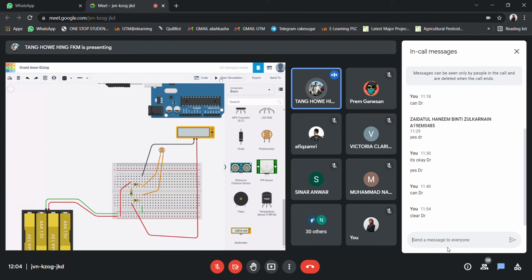All right, so now if I start the simulation, you can see that I get negative 2.98 volts when it is complete darkness. But once I shift to complete brightness, it is close to 0 volt.